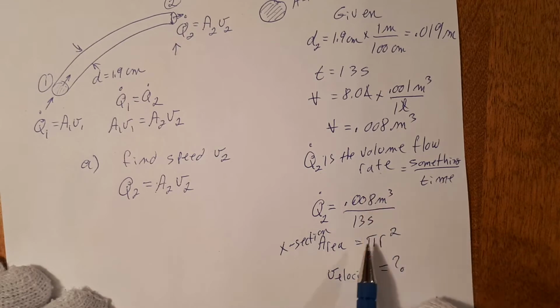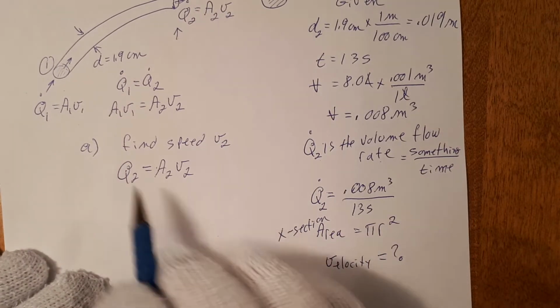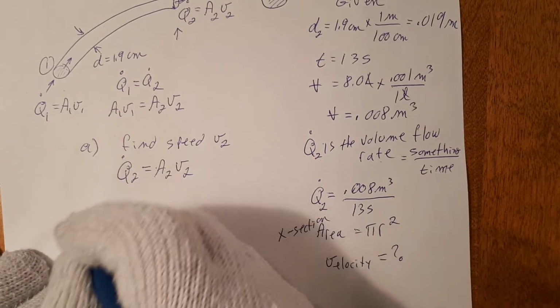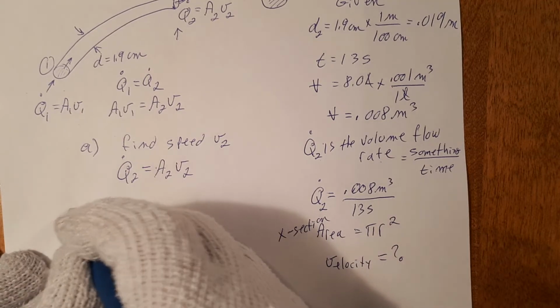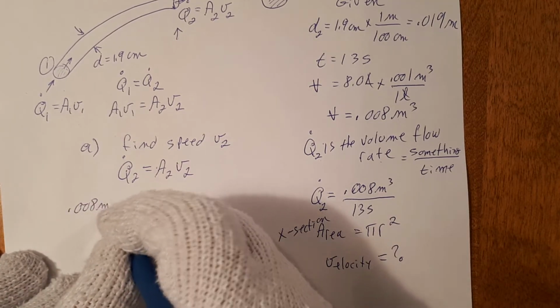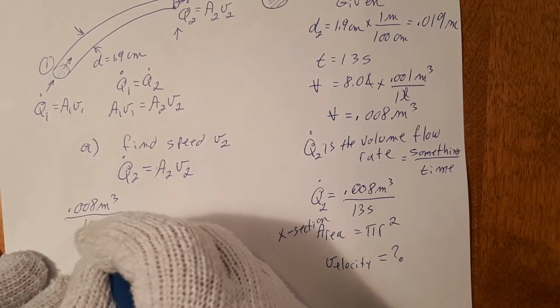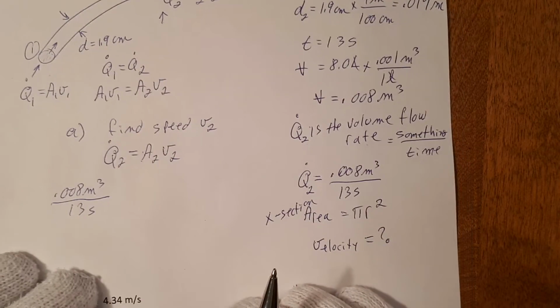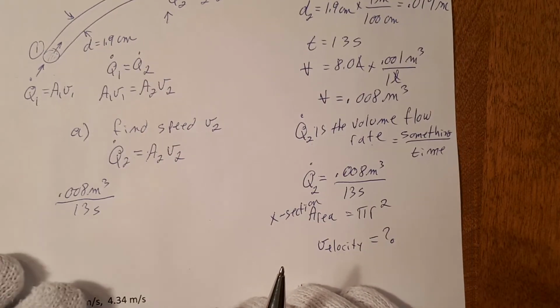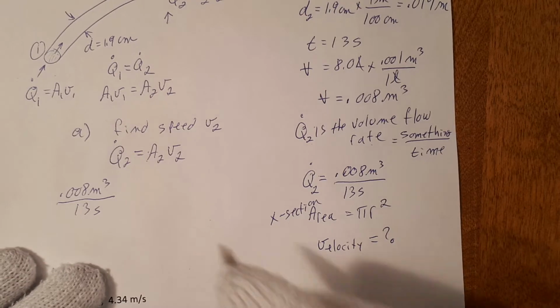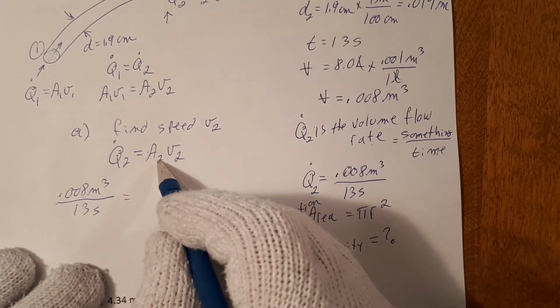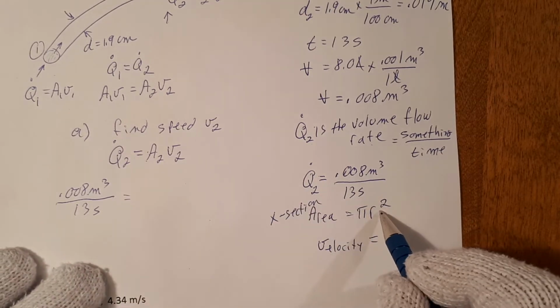Putting in the numbers that we have, the volume flow rate is 0.008 cubic meters over 13 seconds, and that's equal to the area, A2, which would be pi r squared.